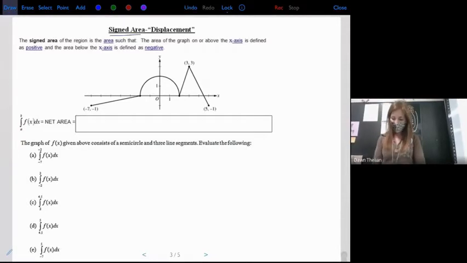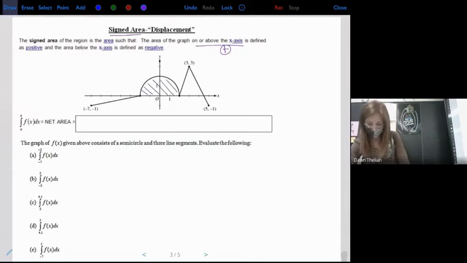The signed area of the region is the area such that area of the graph on or above the x-axis is positive. Like in this graph here, this semicircle is positive, this triangle is positive, but area below the x-axis is going to be negative.